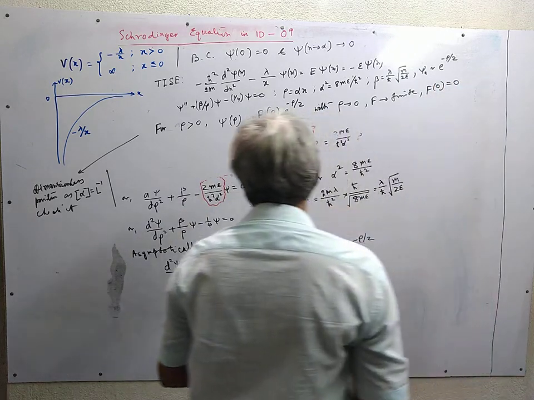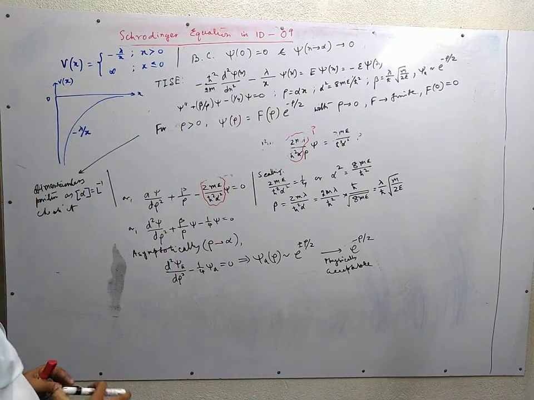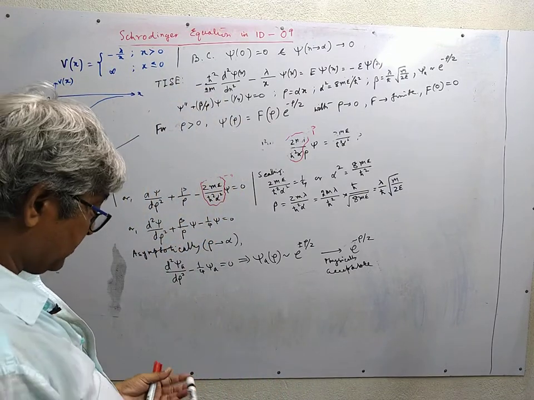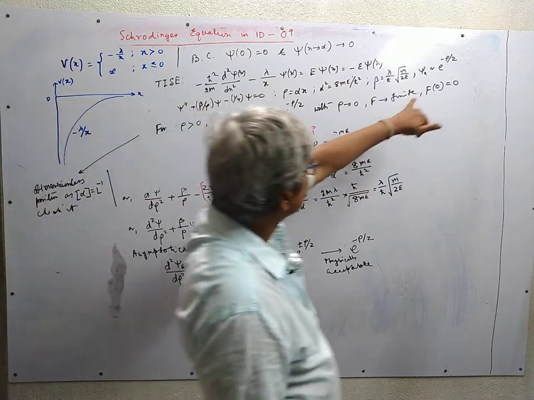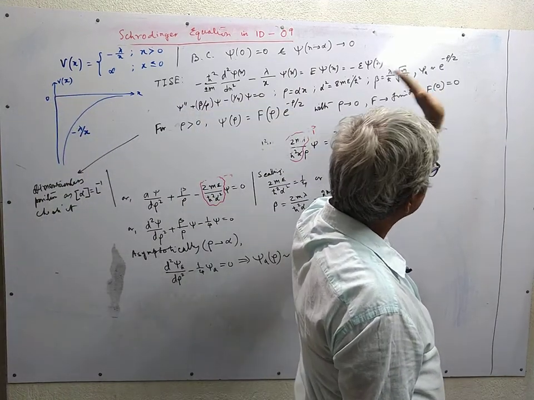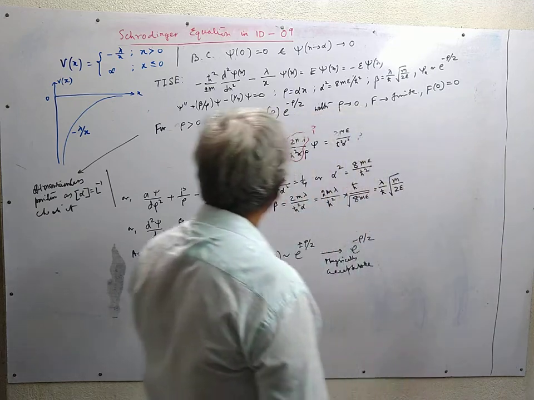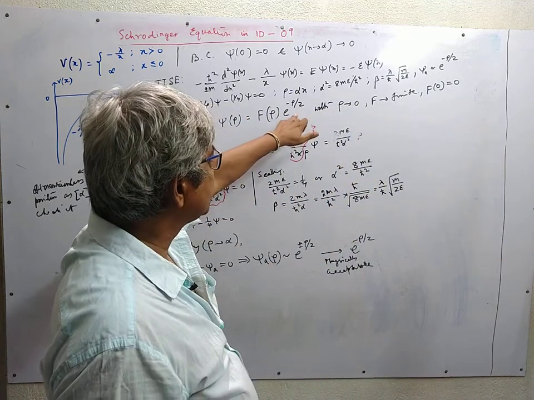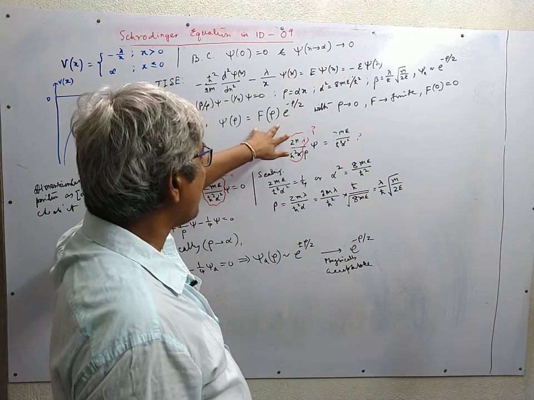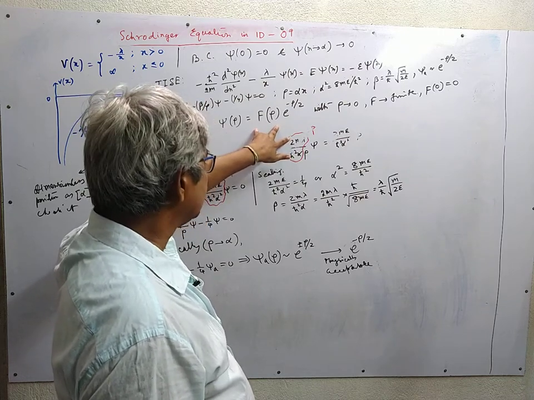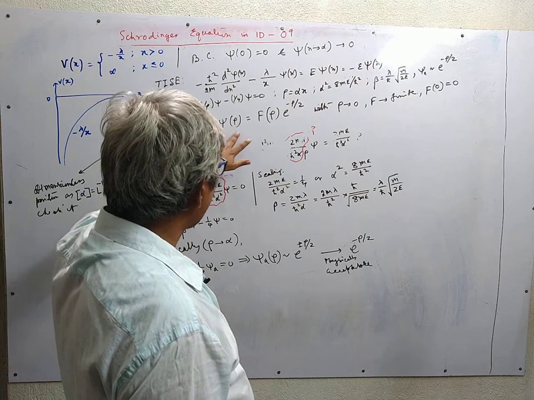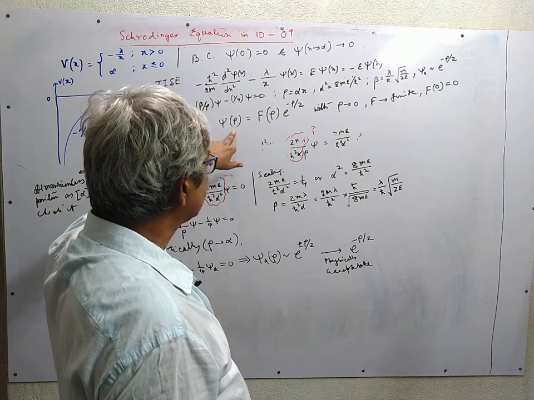This is the condition. Let me repeat once again. We have found that the asymptotic solution is of this form. So the general solution, which is valid for all positive rho, must contain this factor together with a function of rho which is yet to be determined. The boundary condition is that psi of rho tends to 0 as rho tends to infinity.